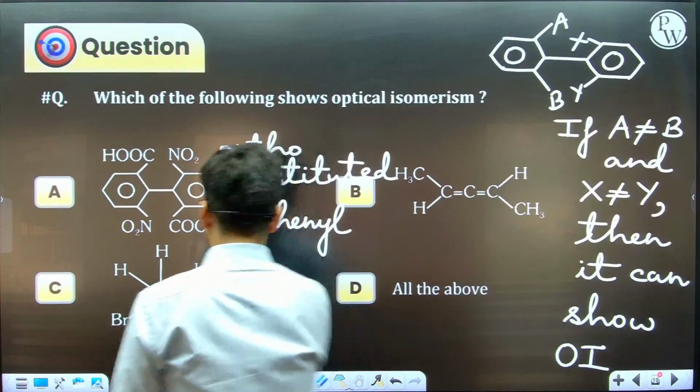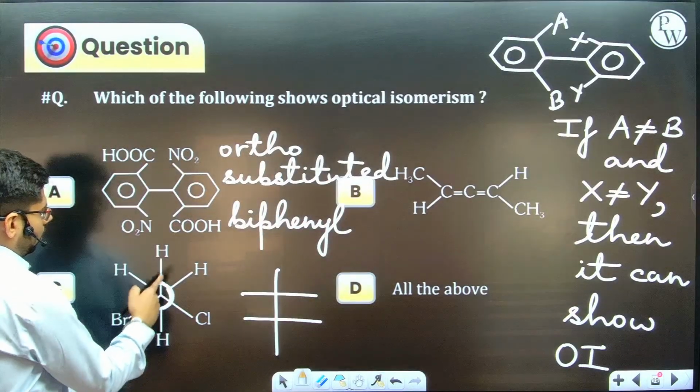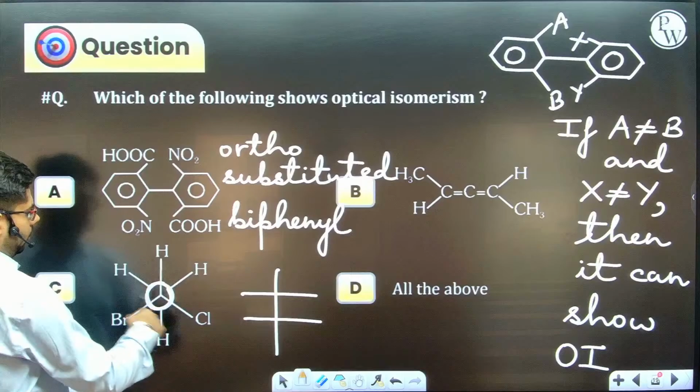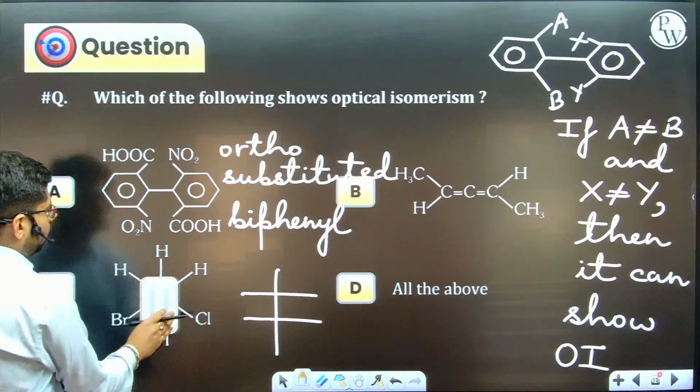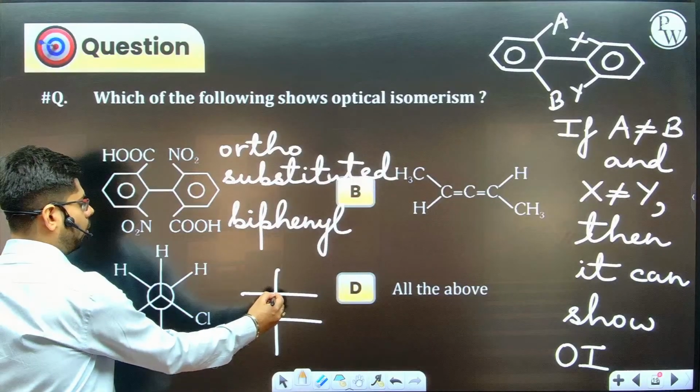For converting this to Fischer, we have to remember that this large circle in Newman projection represents this topmost carbon in Fischer.